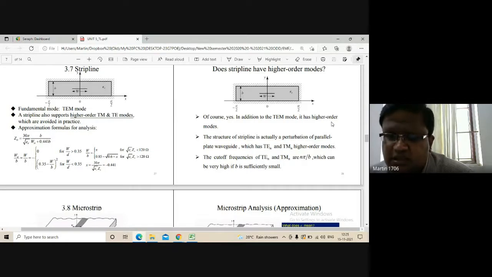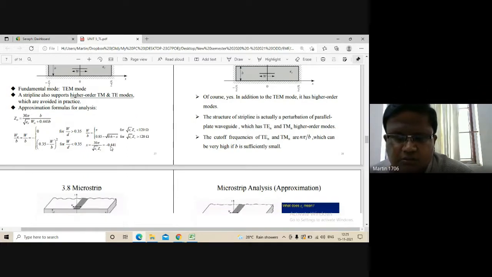Definitely, it has higher order modes, and the structure of the strip line is actually a perturbation of the parallel plate waveguide, which has TE0 or TM0, actually not 0.